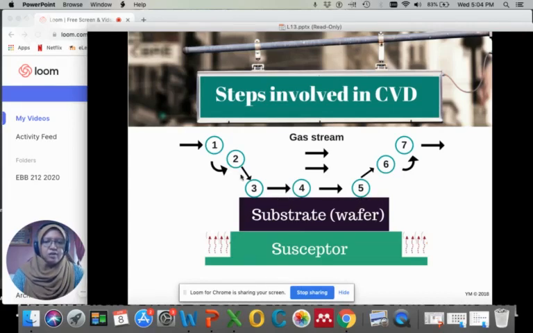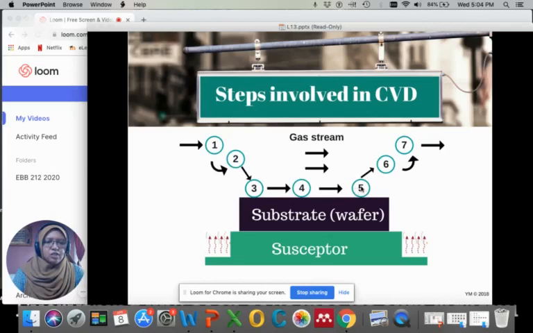So step 1 is transport of reactants by forced convection to the deposition region. Step 2 is transport of reactants by diffusion to the substrate surface. Step 3 is the adsorption of reactants on the substrate surface, followed by chemical decomposition and other surface reactions that take place in step 4.